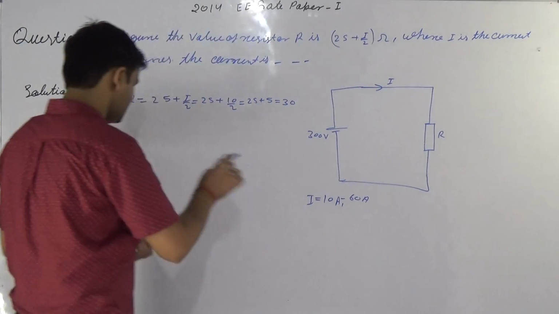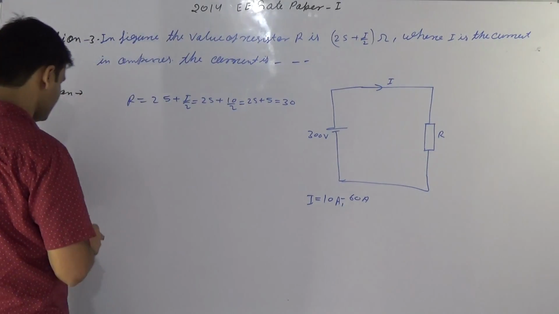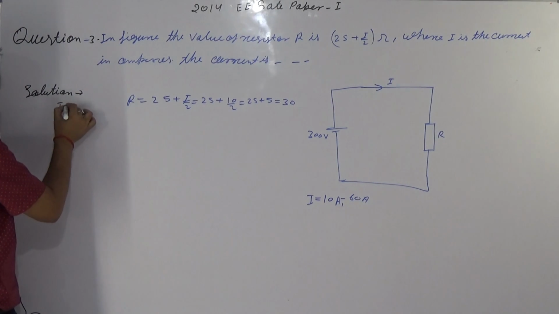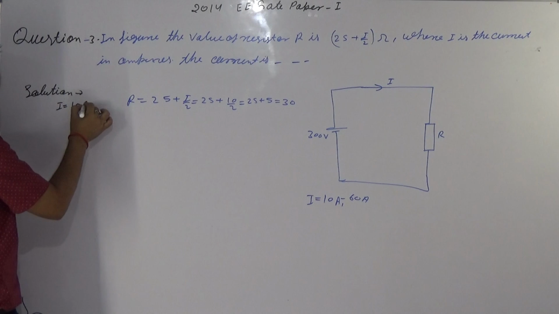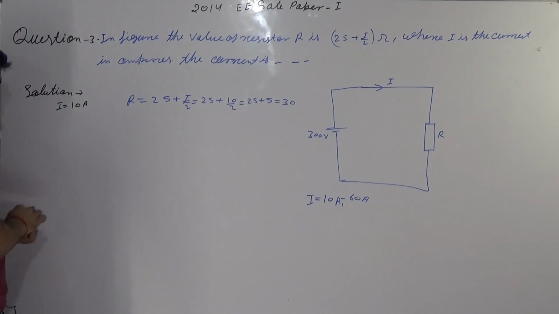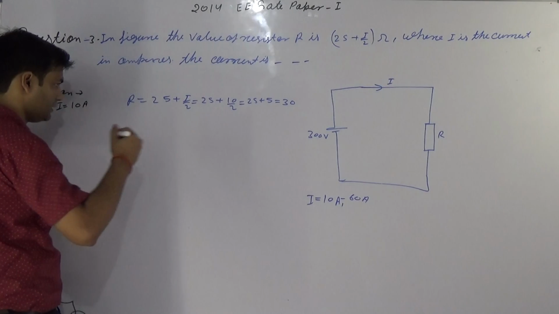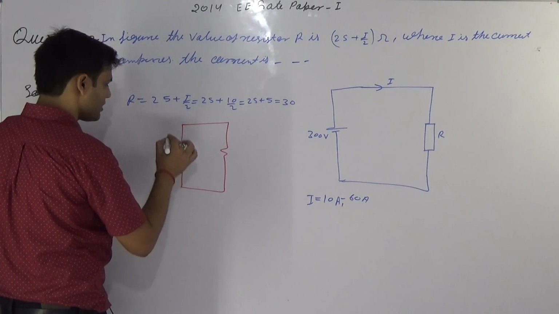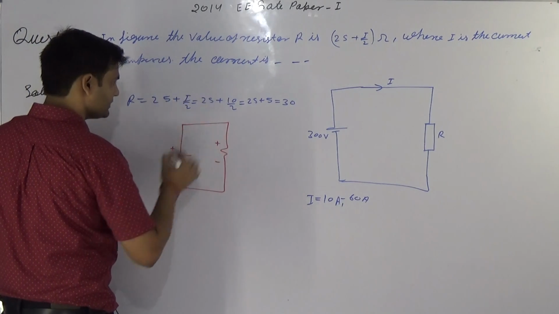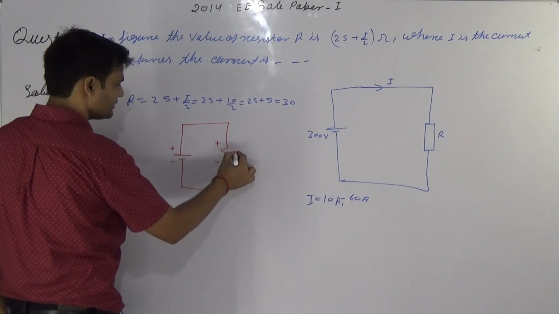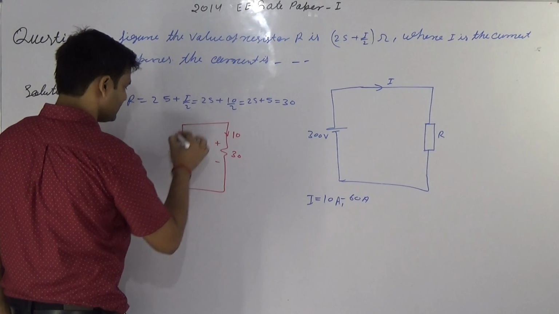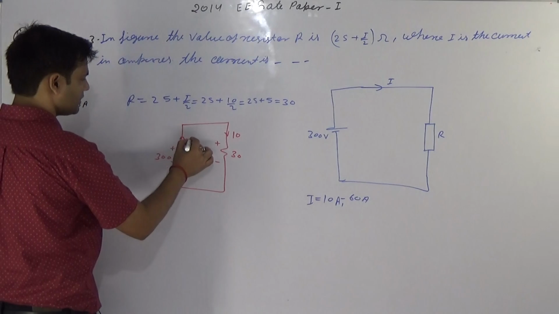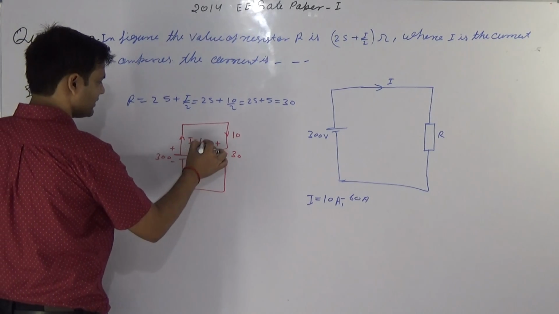Now the first case: if we consider I equal to 10 ampere, going to the circuit, this is 30, this is 10, and the current going through is also 10 ampere.